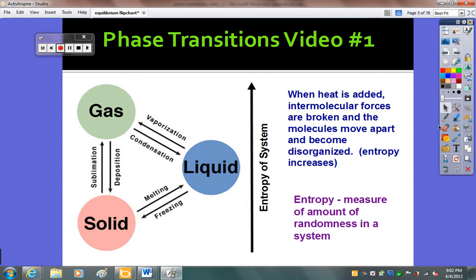So in this case, down here at the bottom, we have the least entropy, because you are not disorganized. Up here you have the most entropy, because you are the most disorganized.